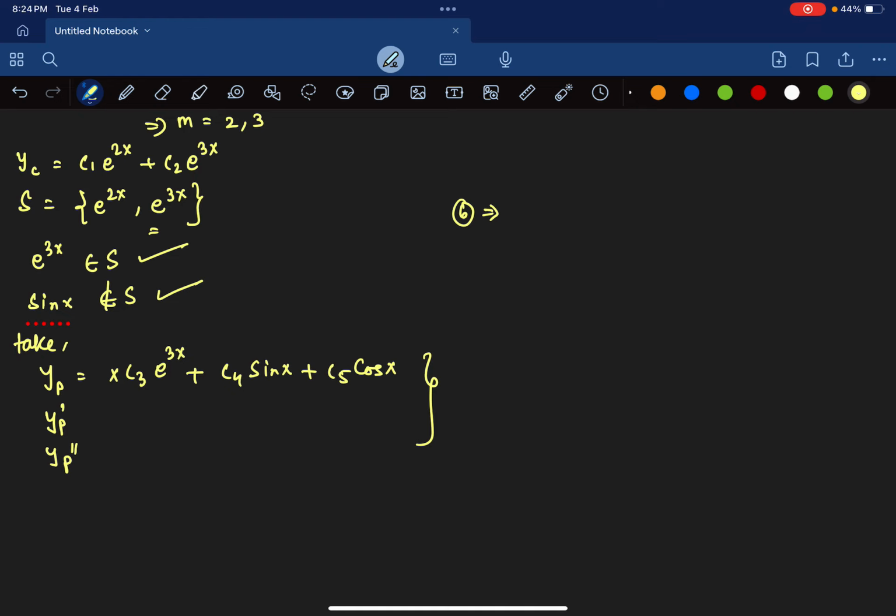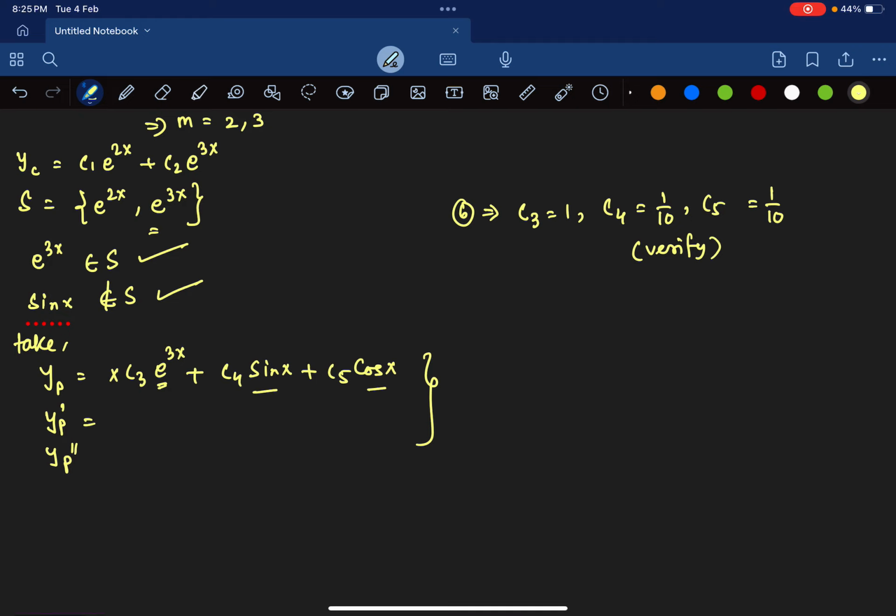Once you compare, the coefficients of e power 3x, sin x and cos x will give you the values c3 is 1, c4 is 1 by 10 and c5 is 1 by 10. This thing you can verify. Once you put all the values in the main equation, you will get these values. Just do the calculation very carefully and you will get the answer.